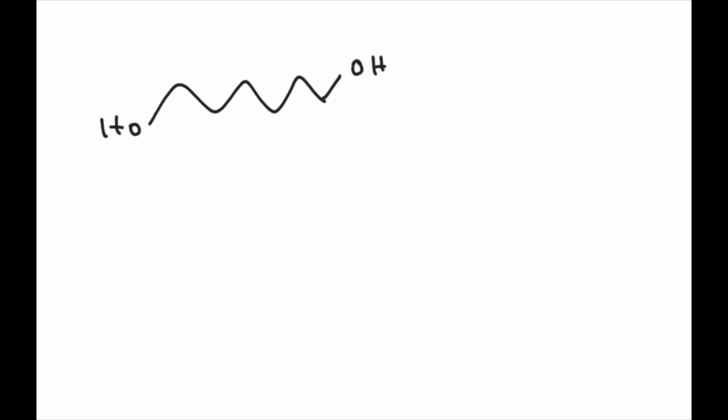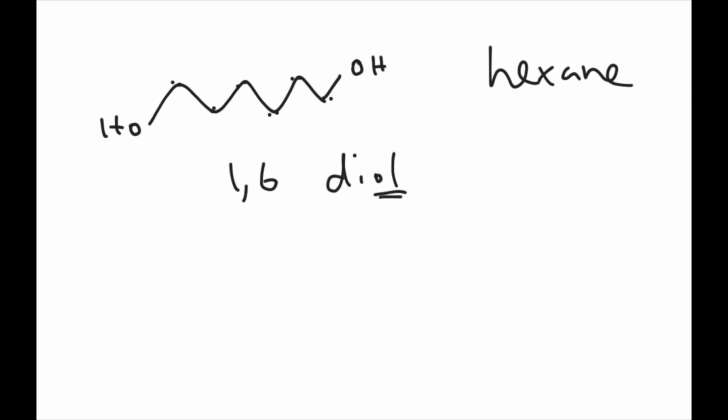This is very common, and we're going to name the longest carbon chain 1, 2, 3, 4, 5, 6. So we know we have a hexane. I know I have 2 alcohols, so somehow I have a diol, and I need to know the positions that they're in. So 1 is on the one side, 1, 2, 3, 4, 5, 6. So I have a 1, 6 diol, and I need to incorporate all of this into the name. I want the ol at the end because it is an alcohol, and the di has to come with it.